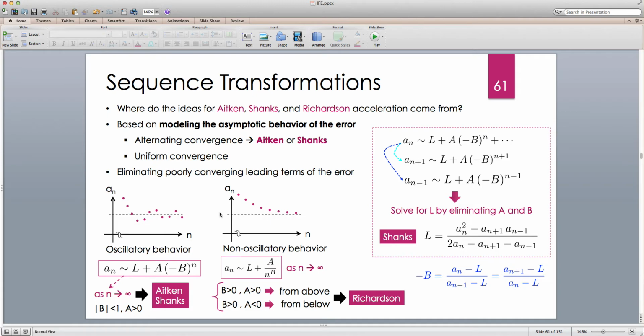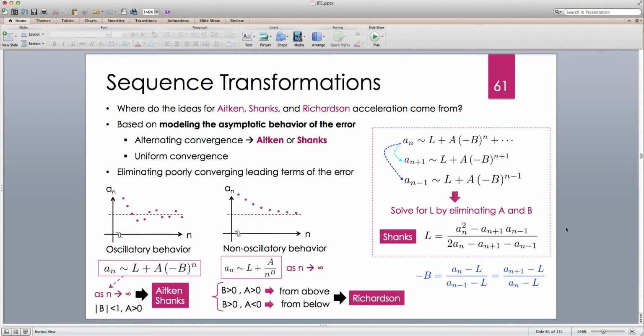And because this is a new sequence which follows exactly the same model again, we can do Aitken and Shanks again on this new sequence. And from b to the n plus 1, we go to b to the n plus 2. And this could, in fact, continue indefinitely. So you get arbitrarily fast convergence, right?